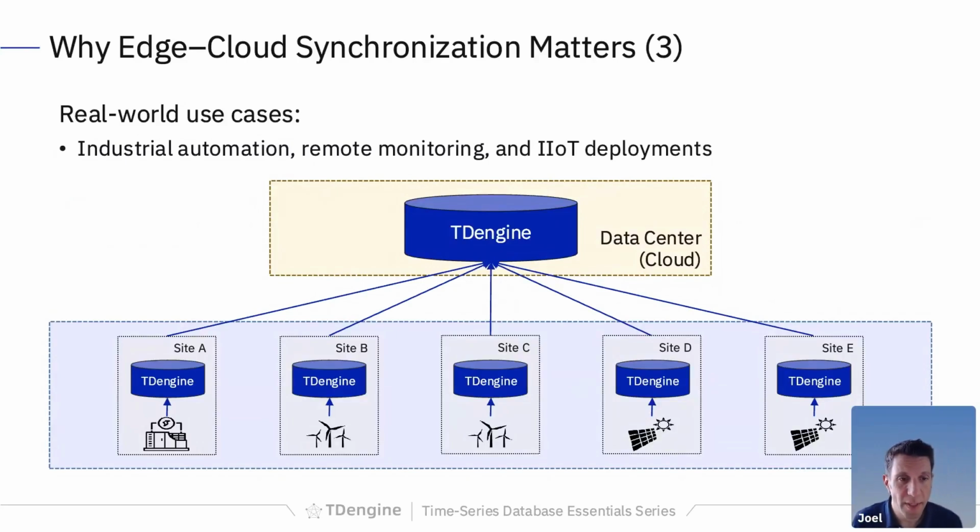Their different sites are for wind generation and solar farms, as well as the management of all of this, which happens within TDengine. These different sites are pushing their data to a centralized location for additional analysis, storage, and management.